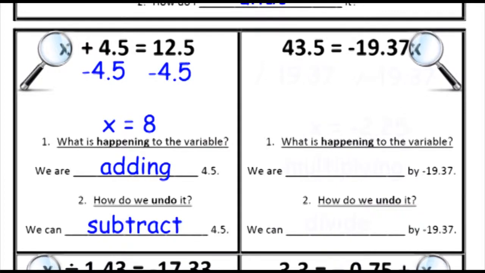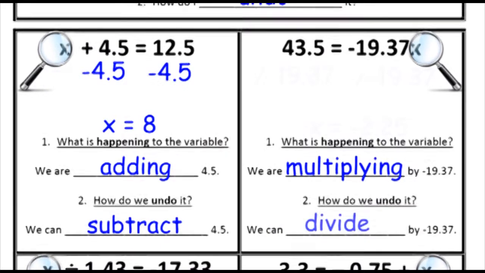Second equation, I have 43.5 equals negative 19.37x. What's happening to my variable? I have a value next to the variable. We call that a coefficient. You can also think about it: you put two rabbits next to each other, they're going to multiply. So we are multiplying by negative 19.37. To undo multiplication, we divide.